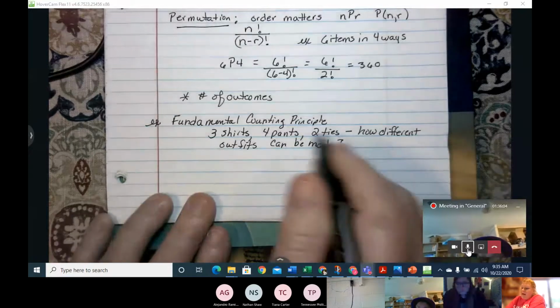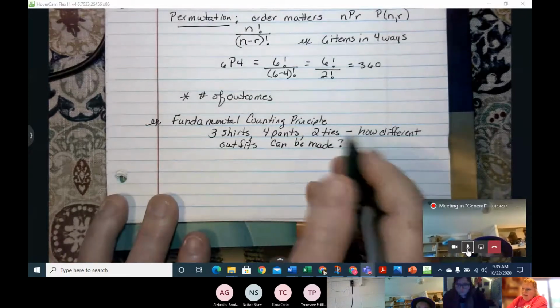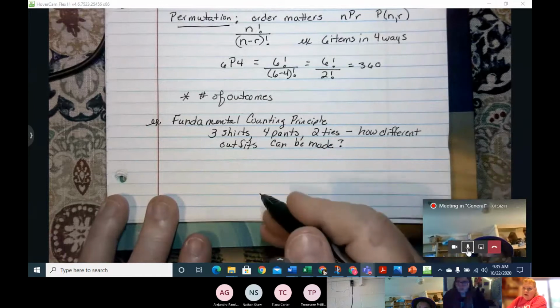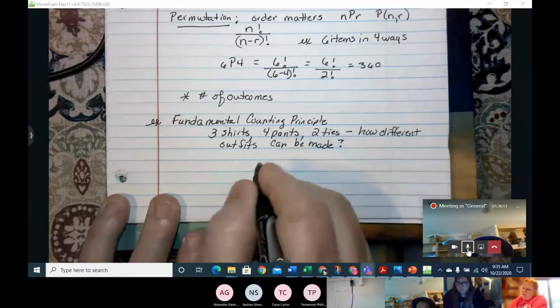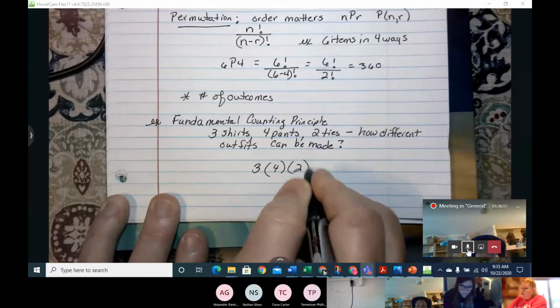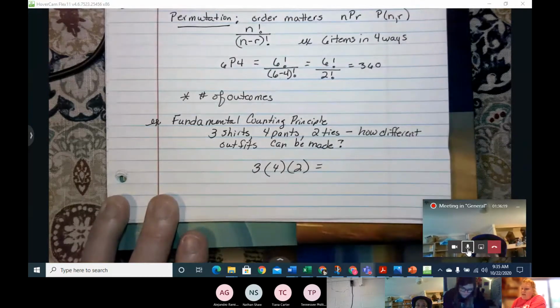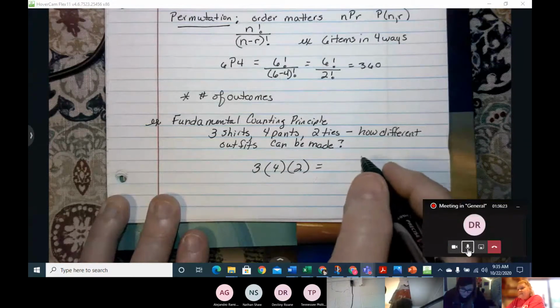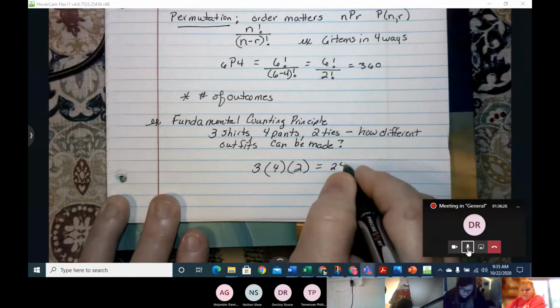But the fundamental counting principle is a quick way to just figure out how many outcomes or how many are in our sample space by multiplying 3 times 4 times 2, and that gives us that our number in the sample space is going to be 24.